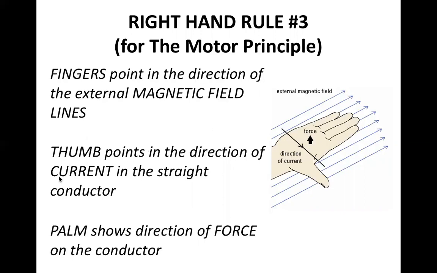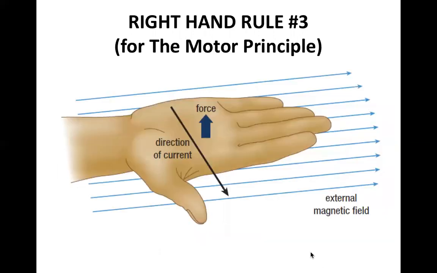And then the thumb points in the direction of conventional current. So this is positive to negative of the battery. And then the palm shows the direction of the force on that wire. So your palm in this diagram is up. And that's what it looks like, just taking a closer view.